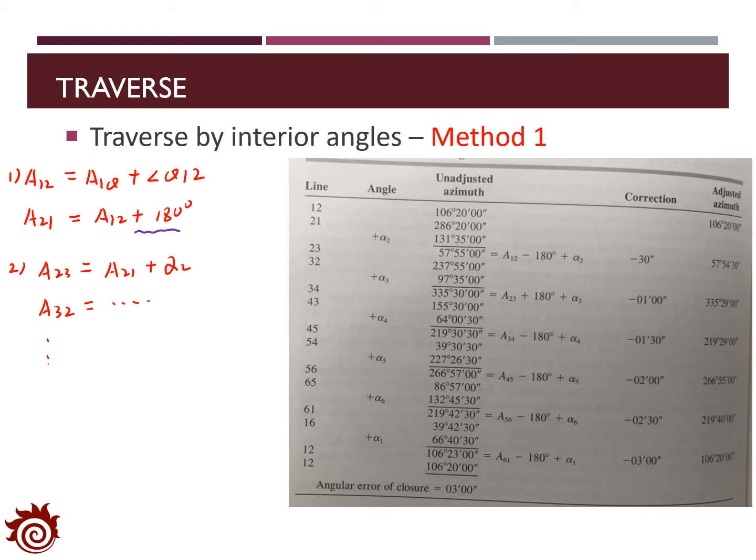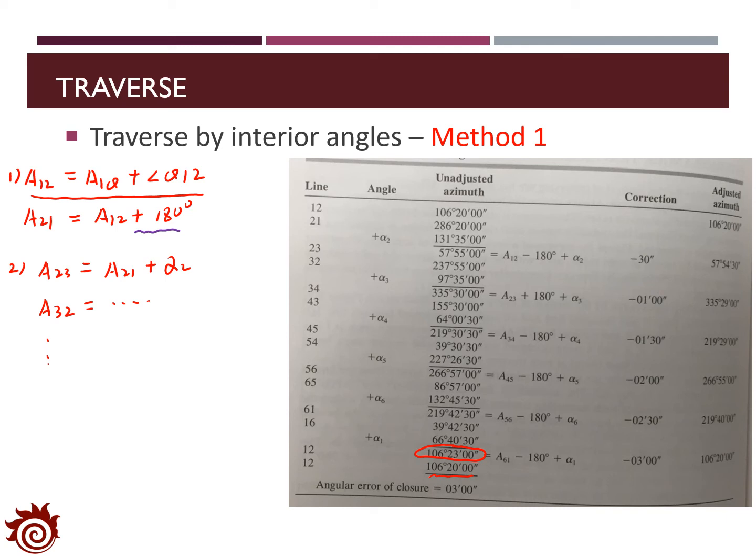sides of the polygon. Eventually, you will find out the azimuth of the line 1, 2 based on the first equation, which uses the given value of A1Q and the angle to the right of Q12.